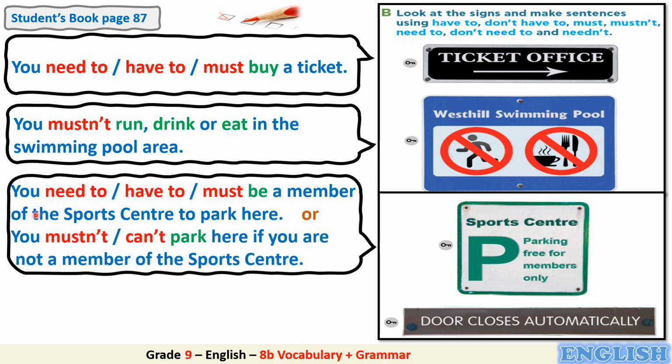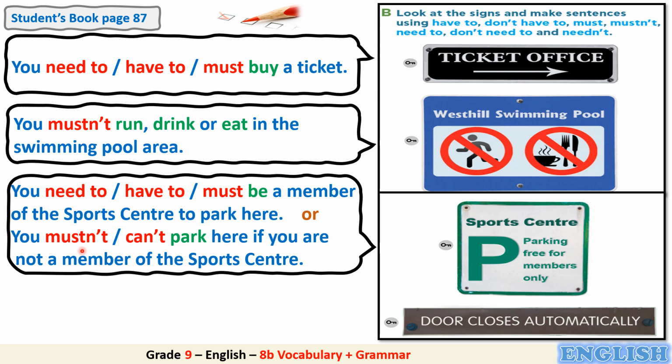The next one. You need to, have to, or must be a member of the sports center to park here. Or you mustn't or can't park here if you are not a member of the sports center. Here we use these verbs to express obligation or necessity.